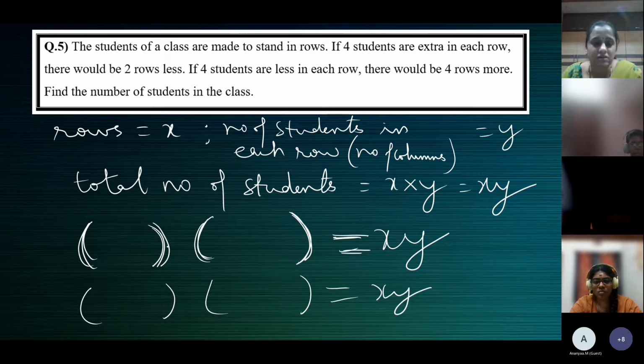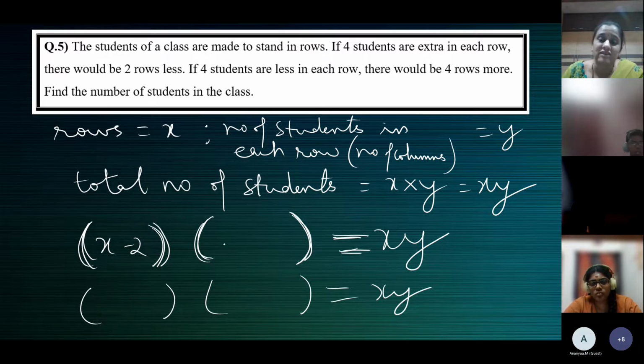So now let's fill the brackets with the number of rows and number of columns. In the first case, 4 students are extra in each row, that is the number of columns. There would be 2 rows less. X is the number of rows, so x minus 2.